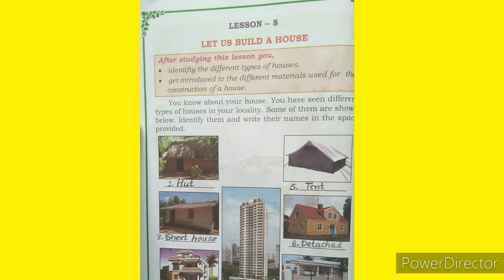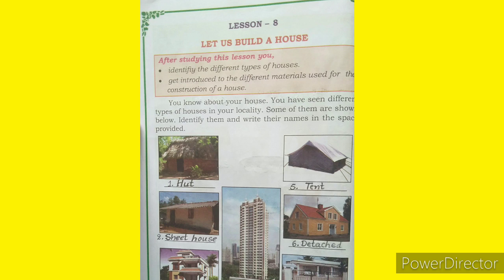Children, you have seen different types of houses in your locality. Yes or no? Yes. What is a house and why do we need a house? We need a house to live. Without a house, we cannot live. A house gives protection from the rain, wind and sun.